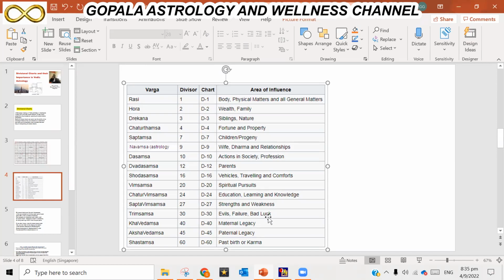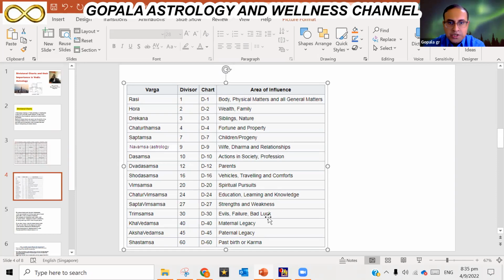On the contrary, D30 may show a lot of competitors who may outshine you. That is how you have to get prepared when you analyze these two charts, D27 and D30.